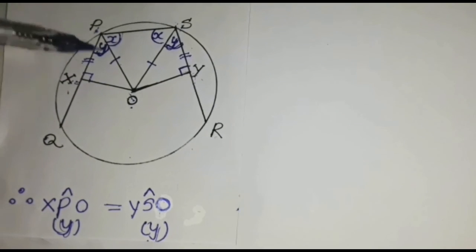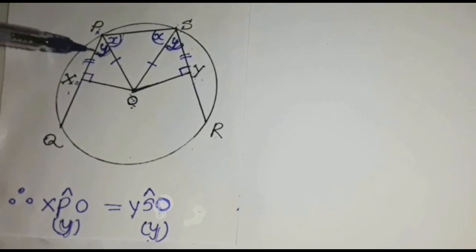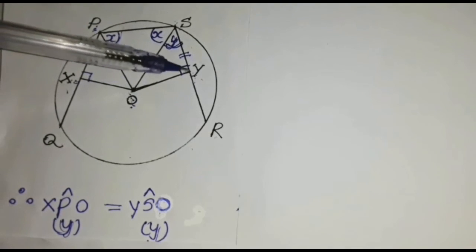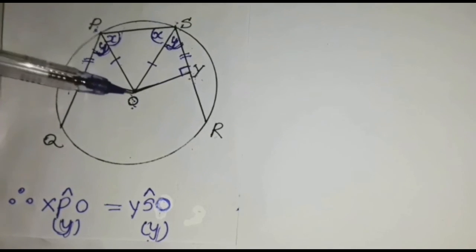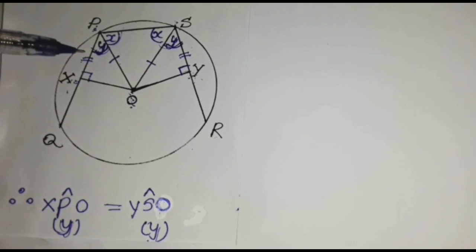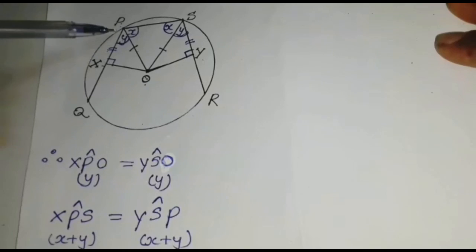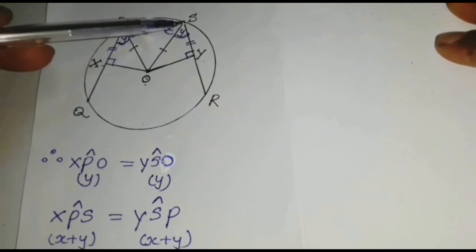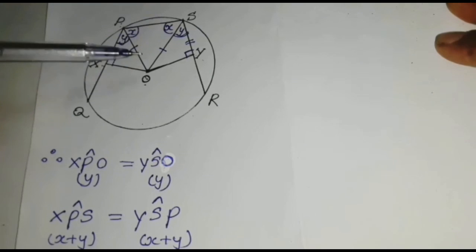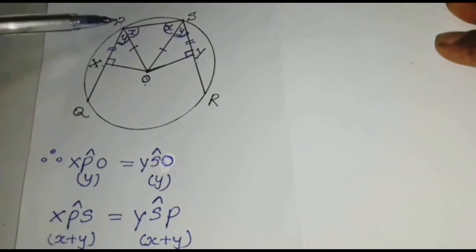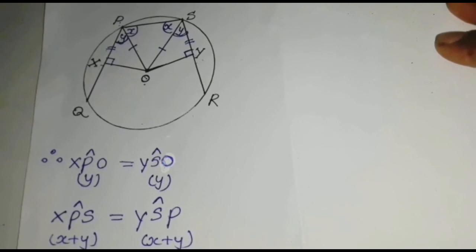Angle XPO equals angle YSO. Then I'll name these two angles as y. Angle XPS equals angle YSP. The angles x plus y have the same magnitude.